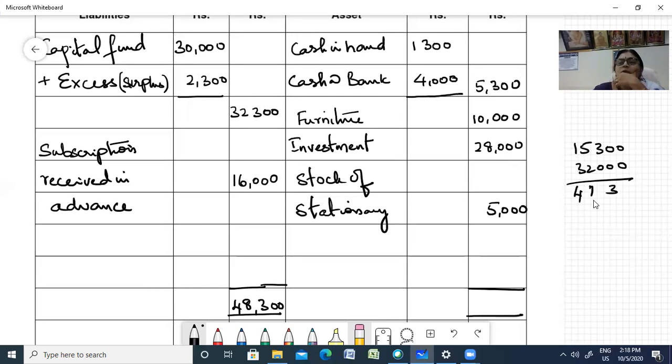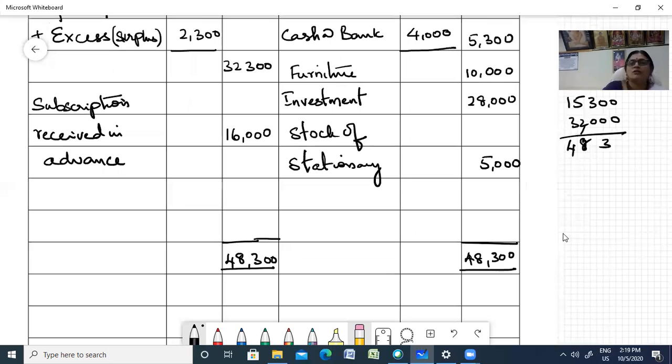Some problem we have done. 15,000. Oh, yes. Okay. So 48,300. Right? Our balance sheet has tallied and our problem is right. If it doesn't tally, then there's some issue. You have left out some figure. Now see here, there is such a small mistake. 33,000 instead of 32,000 error. So 48,300.